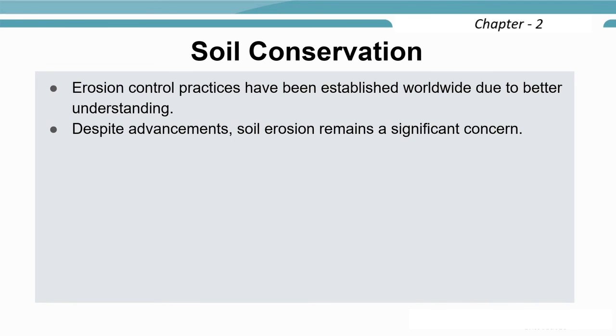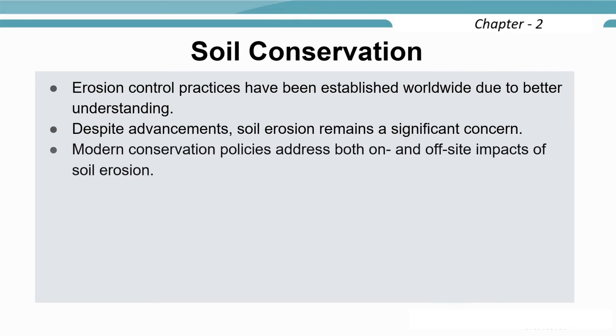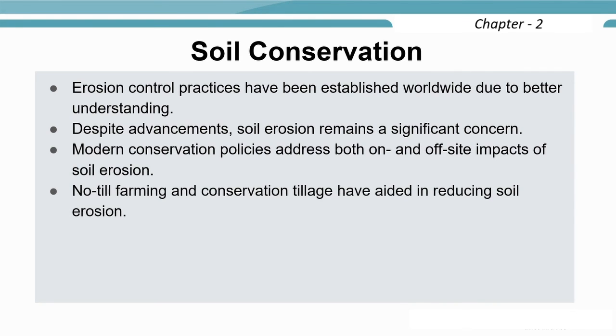Modern conservation policies address both on-site and off-site impacts of soil erosion. No-till farming and conservation tillage have definitely aided in reducing soil erosion because the top layer is protected. We are refraining from keeping the land barren.